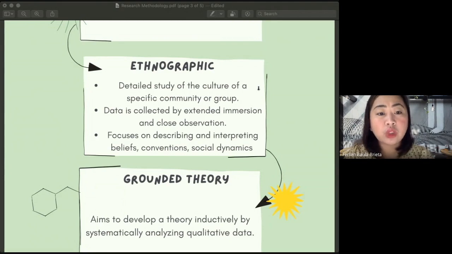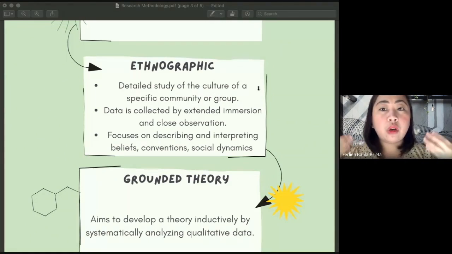They do not just go there and gather responses using a survey questionnaire. They don't go there for a one-day observation, but they live with the people, they live with the indigenous people, and immerse themselves.